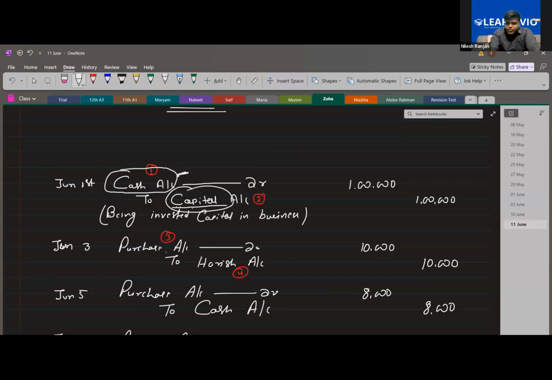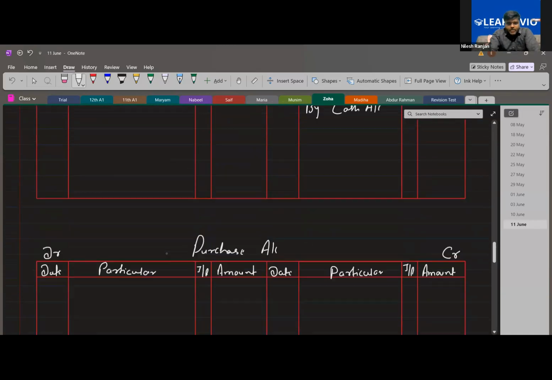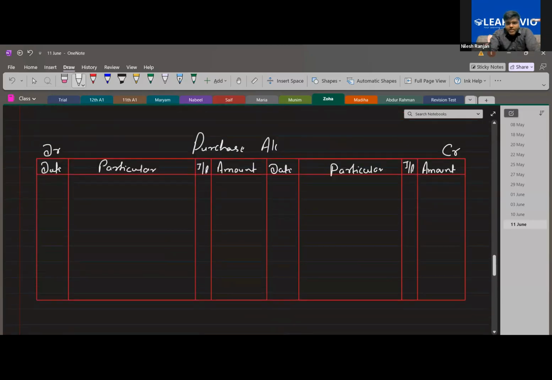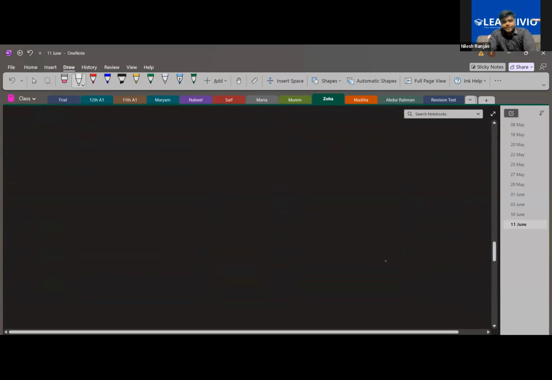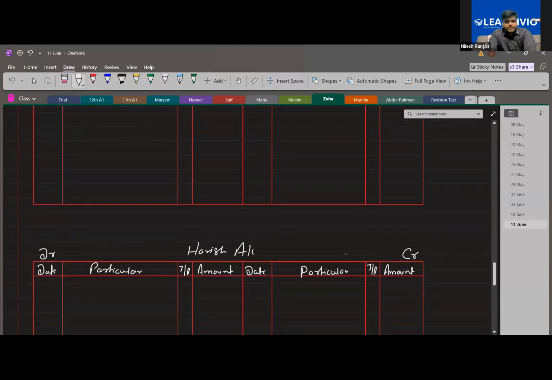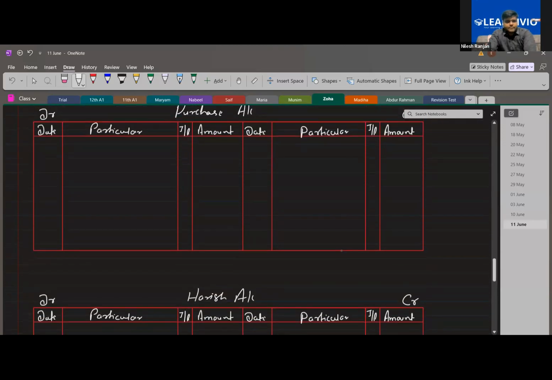This is purchase account. This is Harish account. In purchase account, first tell me on which side it will be written. It will be written on the credit side? Why? Because we have to write the opposite one, right? But we also have to see on which side the heading is written.